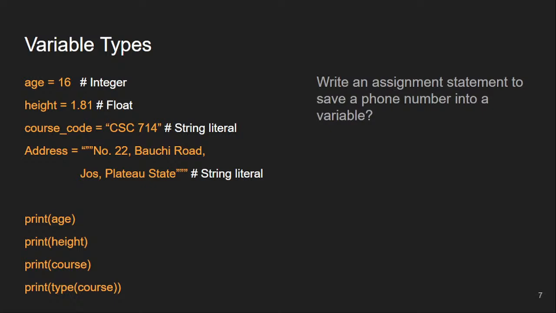If you print type of age, you should get integer, because that's the type. So this type inbuilt function lets you determine the types of your variables. That can be very useful, and it's a hint to help your programming journey.